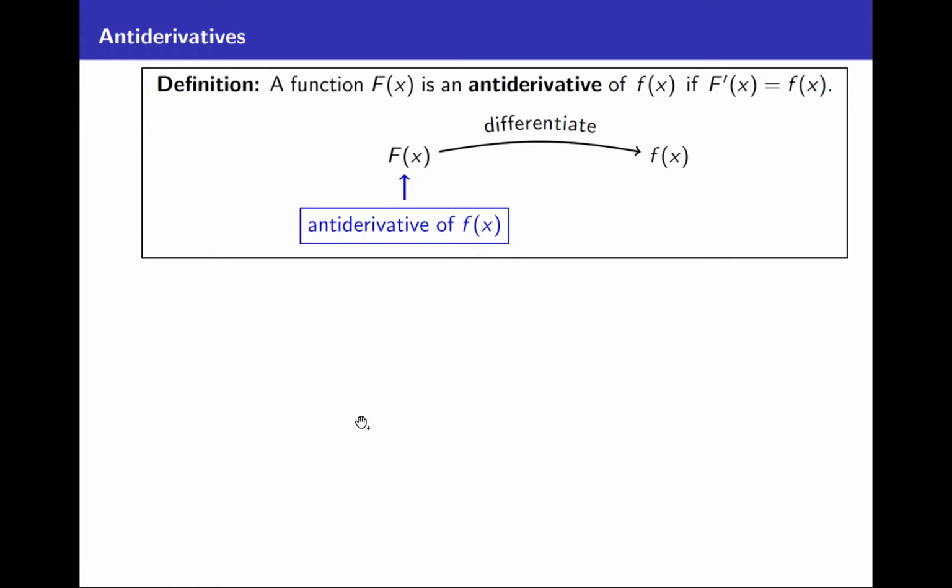So I've just restated that definition up at the top of this slide. A function big F of x is an antiderivative of little f of x. If you differentiated it, you would get little f of x. So as indicated here, this is the antiderivative of little f of x.